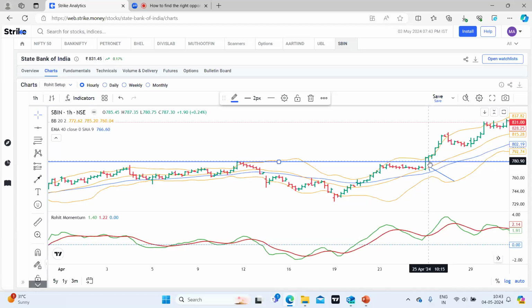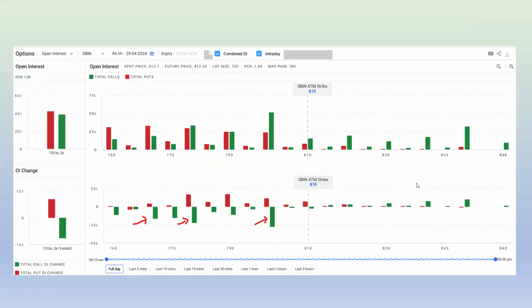So even if I am late, right, I don't mind, right, but I need to check my open interest. This was open interest at that point of time.